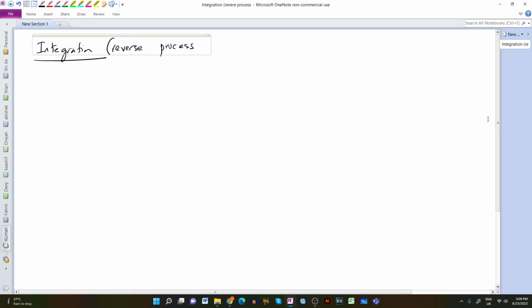Now it's recording. Basically, integration is the reverse process of differentiation.